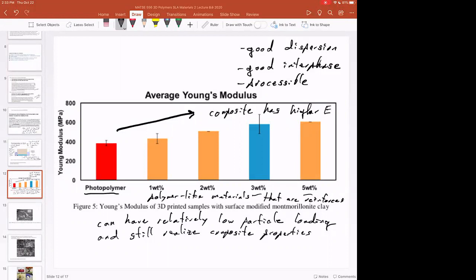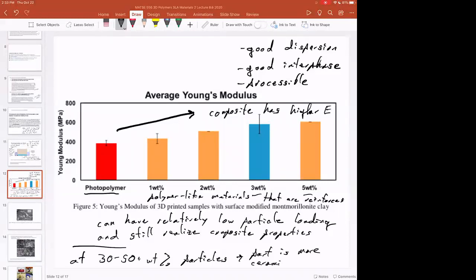particle loadings. However, if you get to 40% reinforcement, 50% reinforcement, even 30% reinforcement, the part feels more like a ceramic or more like an inorganic part. So at 30 to 50 plus weight percent particles, the part is more ceramic-like.